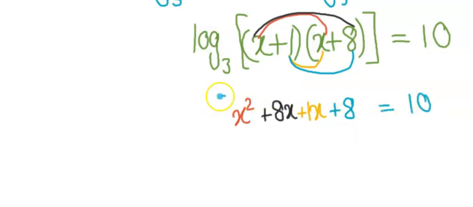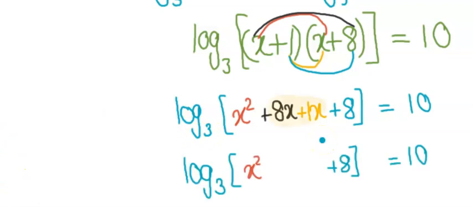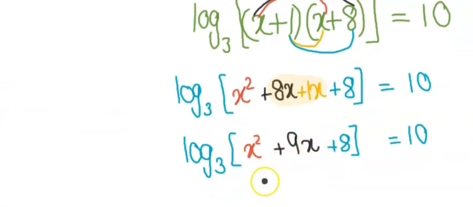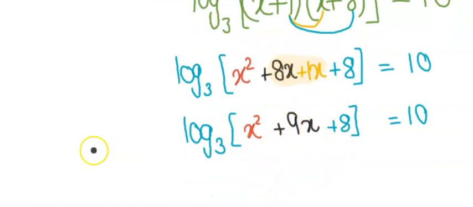But don't forget there was another bracket here and there was a log 3. The 8x plus 1x are the only things that are the same, like 8 apples plus 1 apple, I can just write down 9 apples. So I write 9x. Rather than having 2 terms, I just got 1.